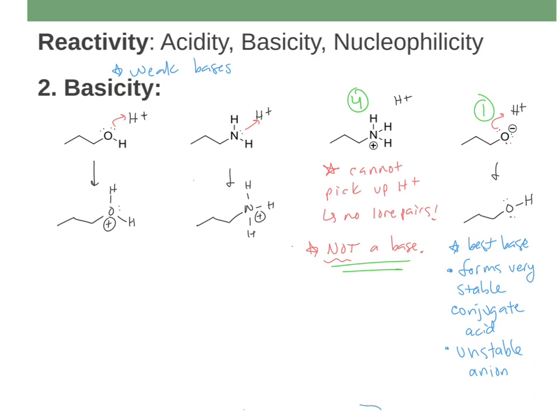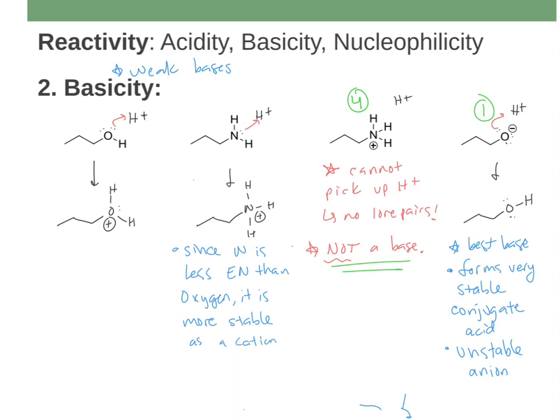So since, and I'll write this here, since nitrogen is less electronegative than oxygen, it is more stable as a cation than oxygen is, right?